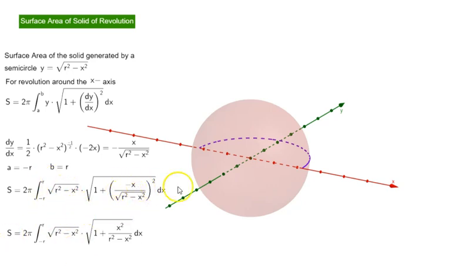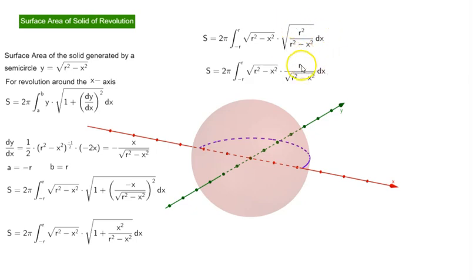Here we open up this square. We get x square by r square minus x square dx. Here we combine these two terms, we get r square minus x square plus x square by r square minus x square. x square minus x square, they cancel out. We are left with square root of r square by r square minus x square dx.